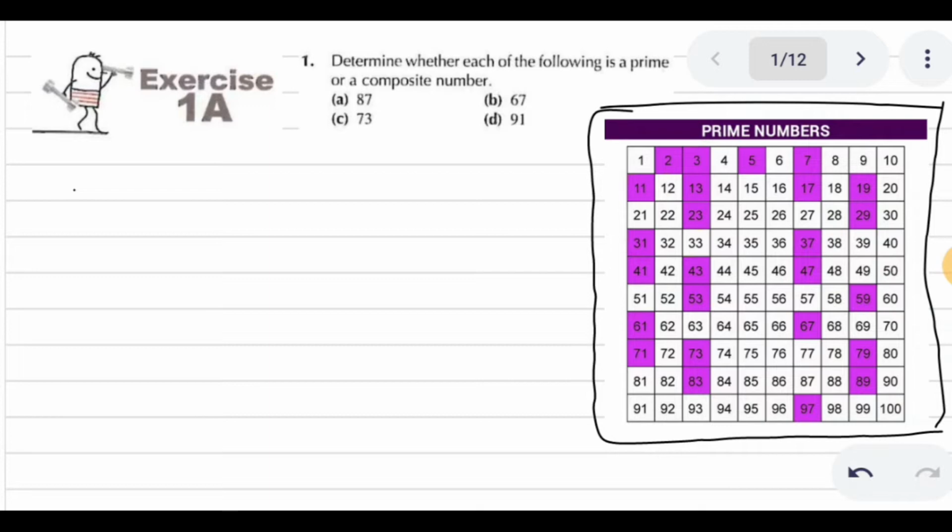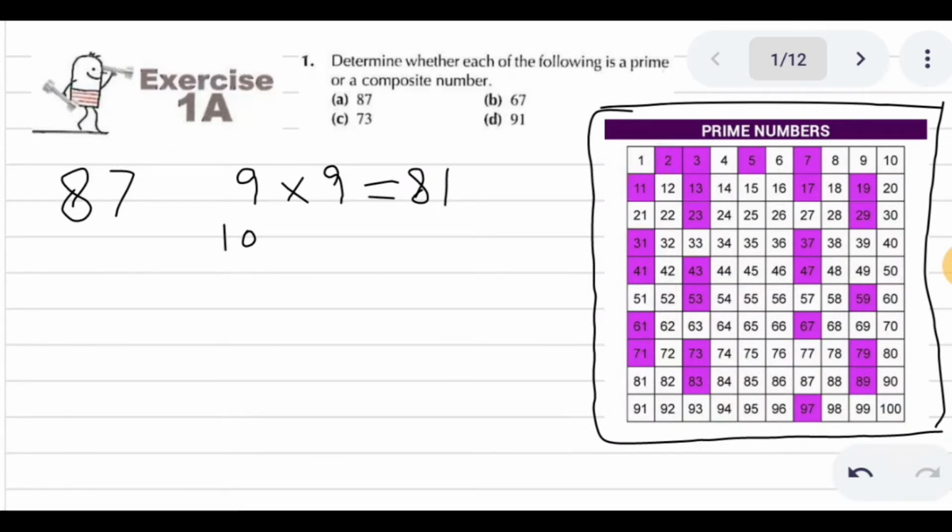For example, the first part we are going to solve is 87. We have to determine whether it is a prime or a composite number. The first step is to think about a number whose square is greater than 87. For example, 9 into 9 is 81, which is smaller than 87.